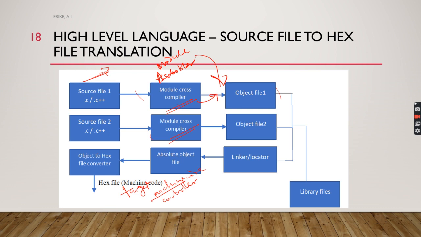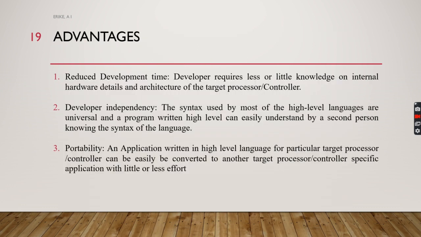Okay. So next we look at the advantages of using the high-level language option. Number one is reduced development time. Why is it reduced? Because the developer requires little knowledge of the internal hardware details and architecture of the target processor.